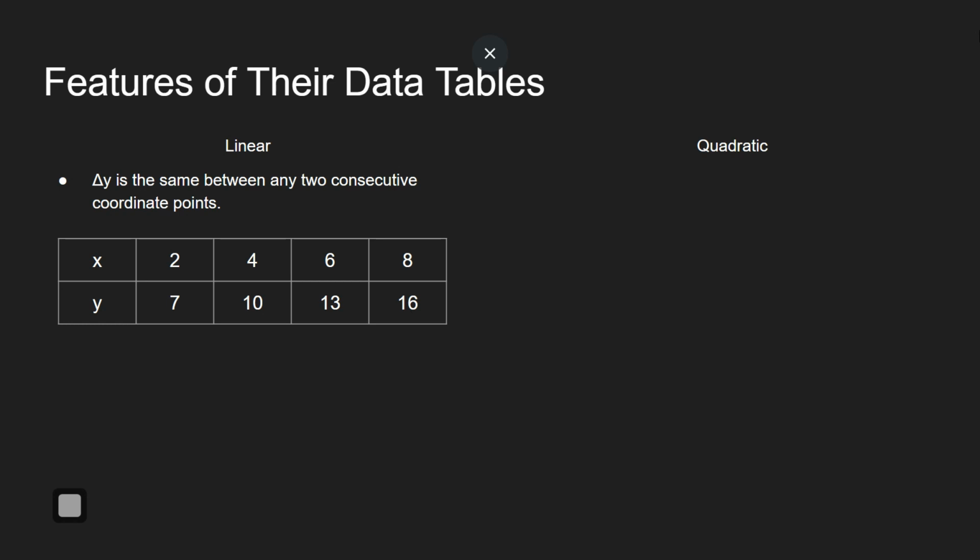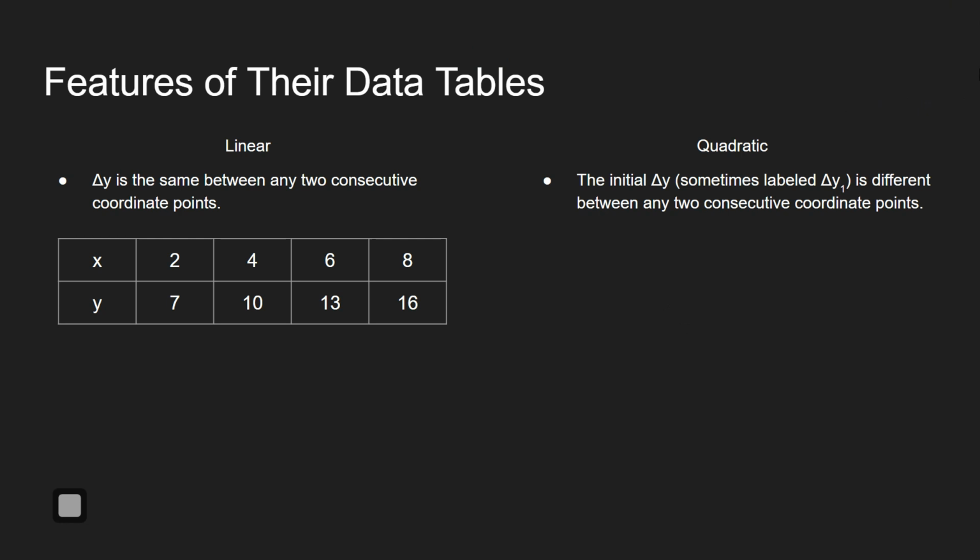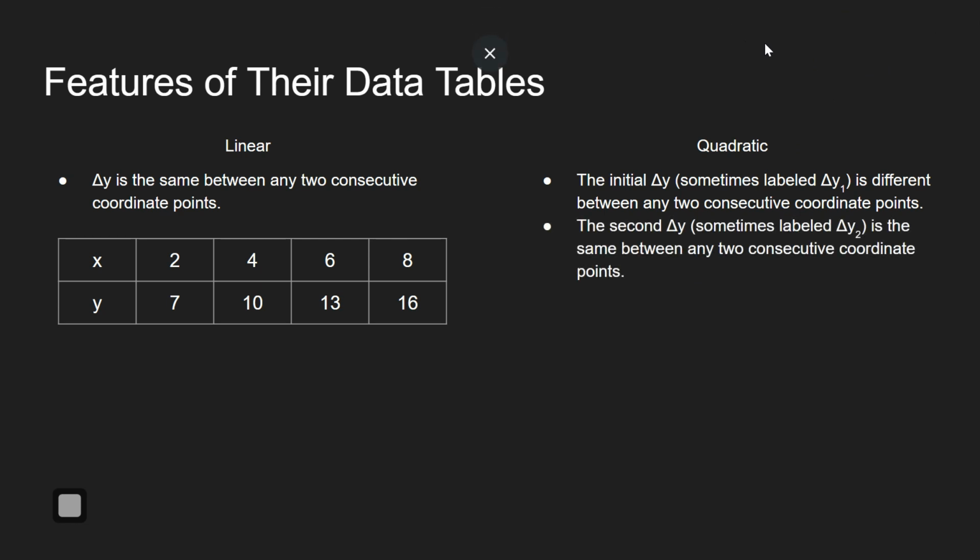For quadratic equations, the initial change in y is different between any two consecutive points. The second change in y will be the same for any two consecutive coordinate points. Let's take a look at this one.